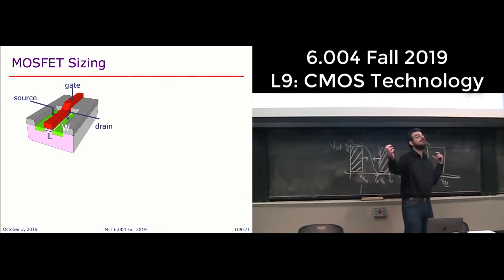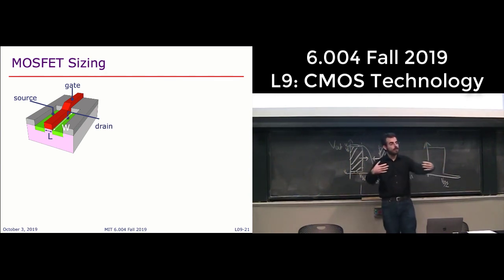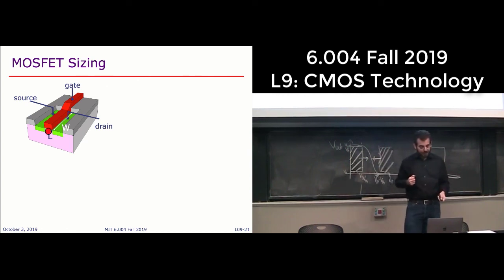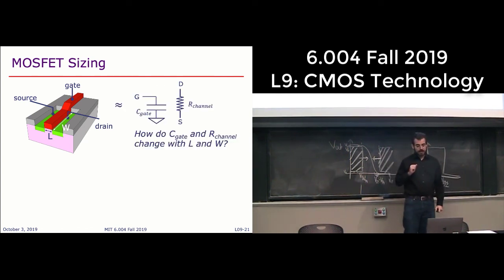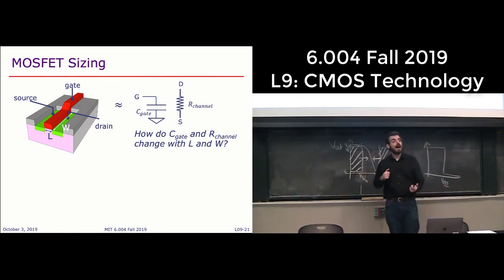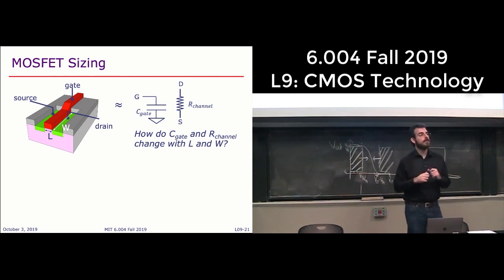You could put a lot of material and have a very wide transistor, or a very narrow one. The one thing I want you to remember is how the capacitance of the gate and the resistance of the channel change as you change the length and the width of this transistor.